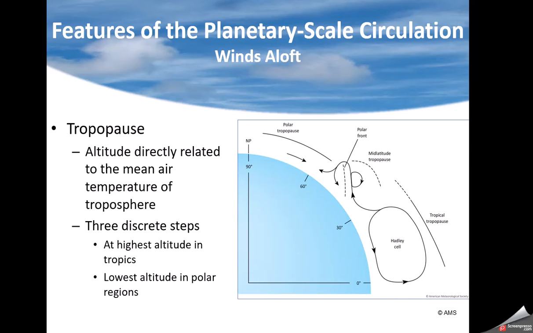And because of that, over the Arctic, above 60 degrees north, the polar tropopause is fairly low. Down to the south, between 0 and 30 degrees north in the tropics, the tropopause is fairly high. We know that's because of temperature. However, between the two is where most of the temperature change occurs. And here, we can really fluctuate on the tropopause height.